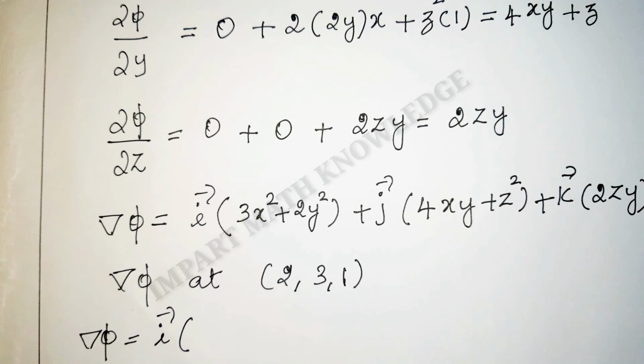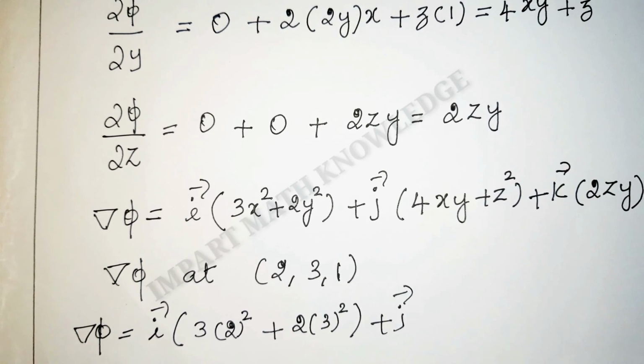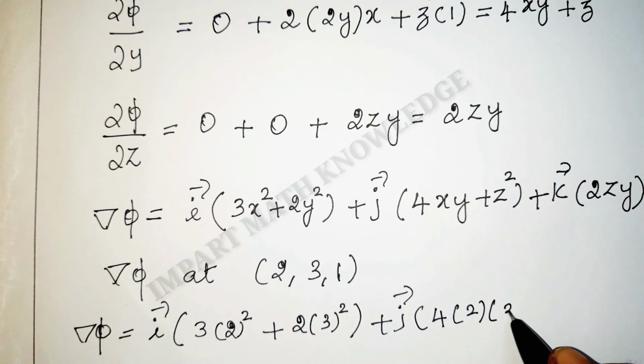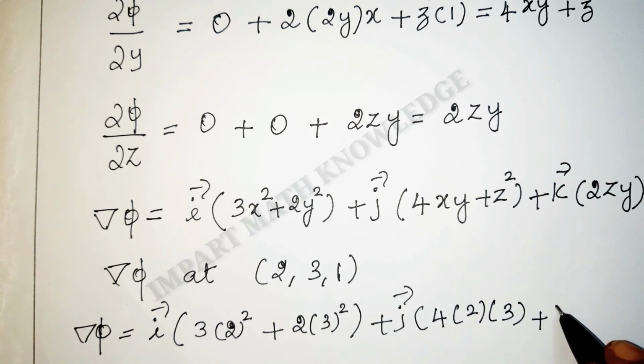Del phi is equal to i vector 3 into 2 square plus 2 into 3 square plus j vector 4 into x value 2, y value 3 plus z value is 1 square plus k vector 2, z value is 1 and y value is 3.